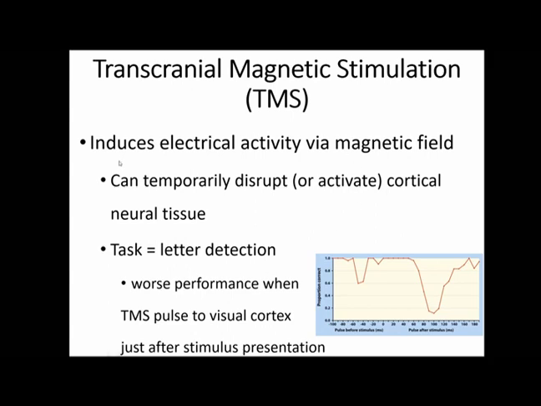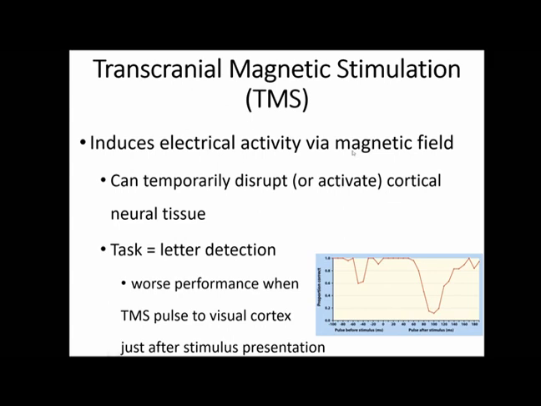And TMS is going to induce electrical activity using a magnetic field, which is a really fancy way of saying that they take a very strong, very small electromagnet and they can hold it up to parts of your skull, and it will interfere with your neurons firing because the neurons are firing using those electrical signals, and a strong enough magnet in just the right place can actually mess with that firing.